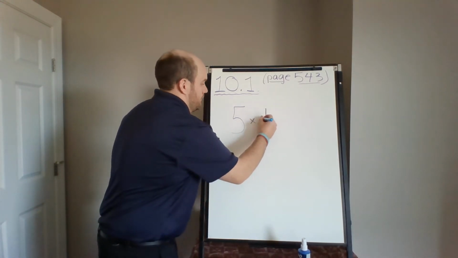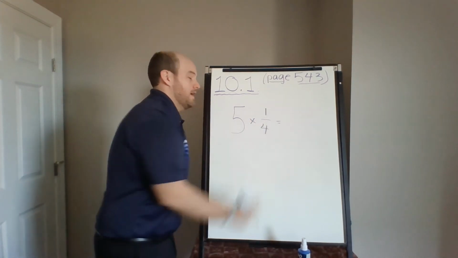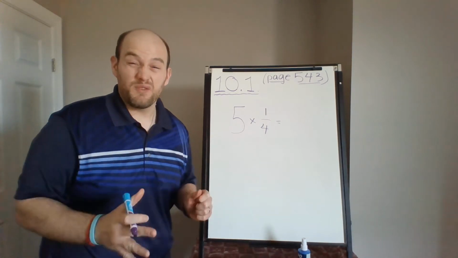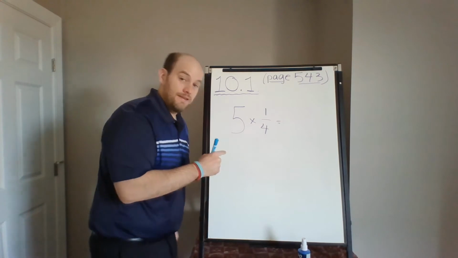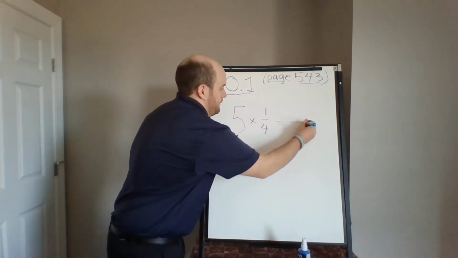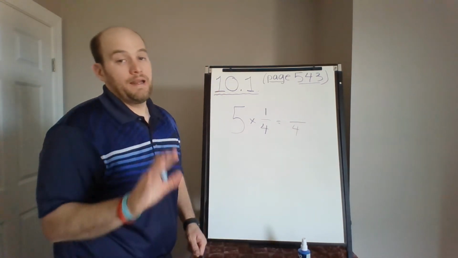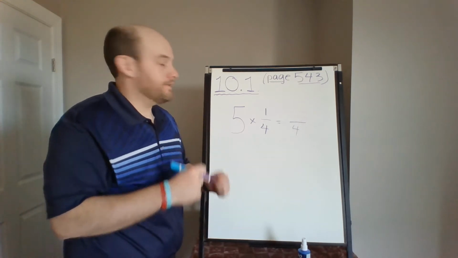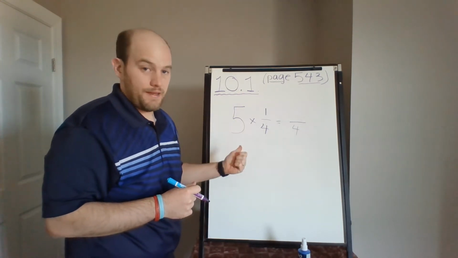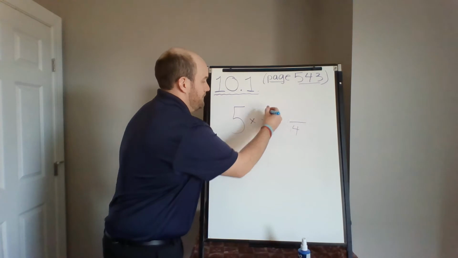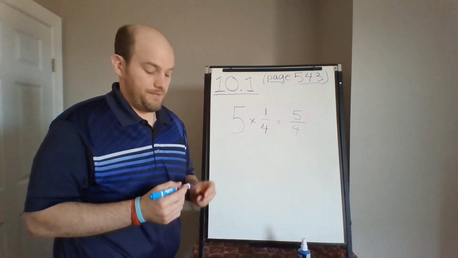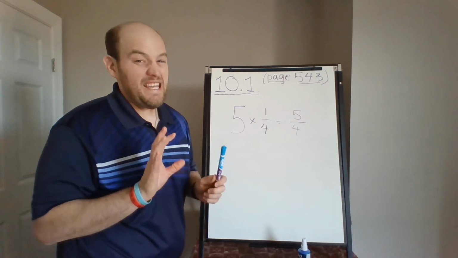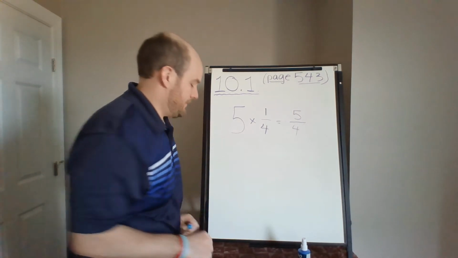Now, Mr. McQueen, I know you've drilled it in my head several times, but the denominator does not change. It stays the same. So that 4 stays the same. And I know, Mr. McQueen, talking back to third grade, that any number times 1 is that other number. So 5 times 1 equals 5. And that's just another way to write it. That's why. Very easy.